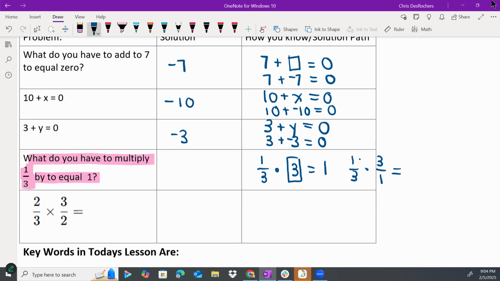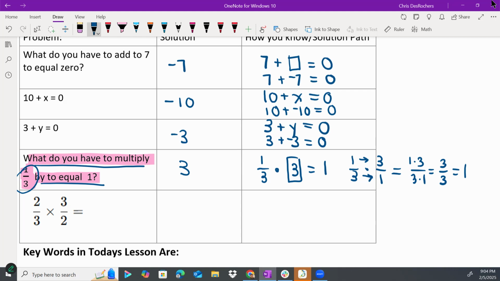And when we multiply it across, we have 1 times 3 over 3 times 1, and that's going to be equal to 3 over 3, which is equal to 1. So yes, that works. What number do we have to multiply 1/3 by to equal 1? We need to multiply by 3.